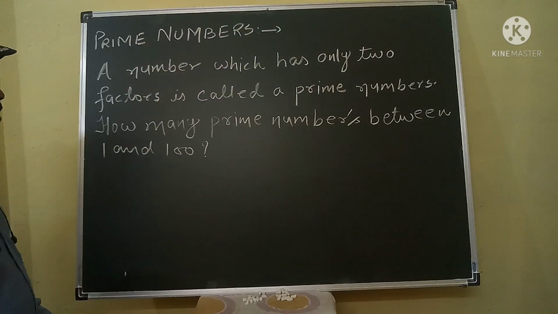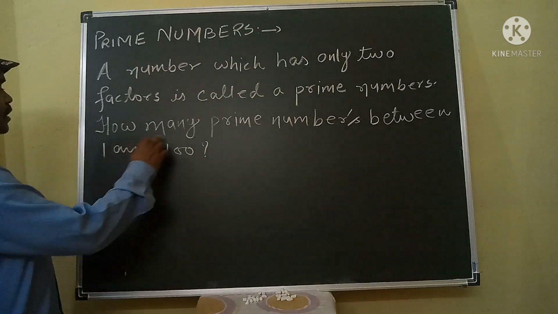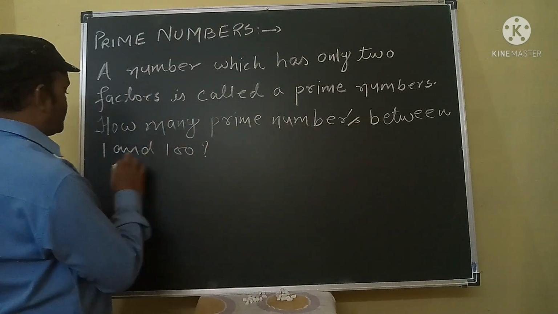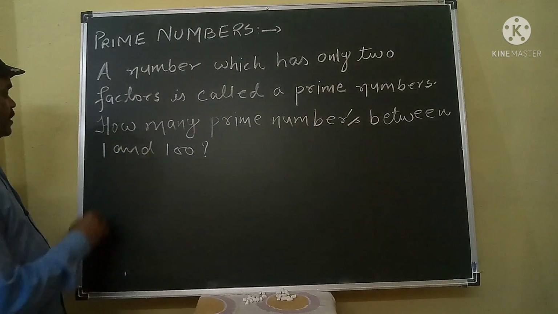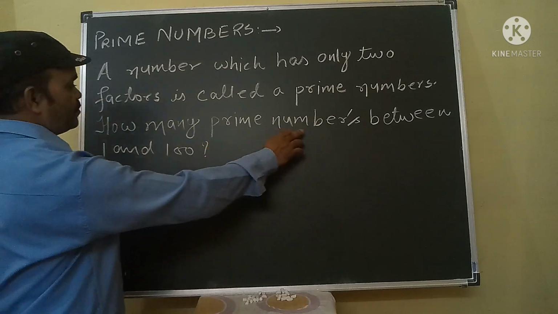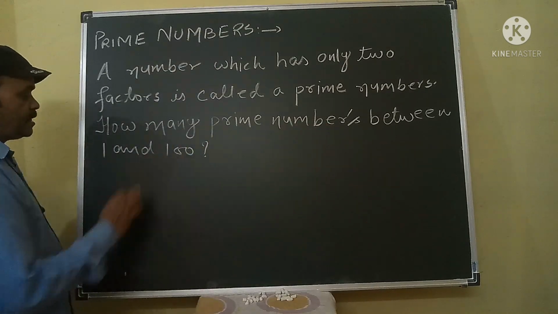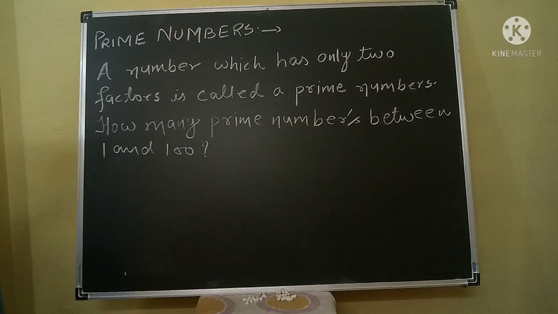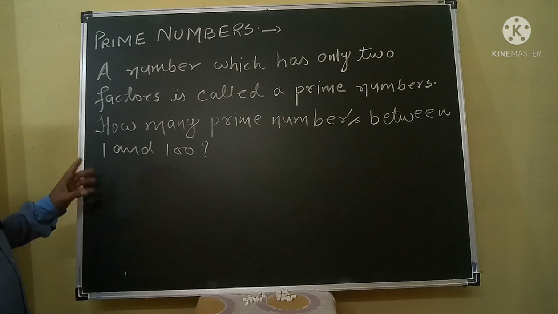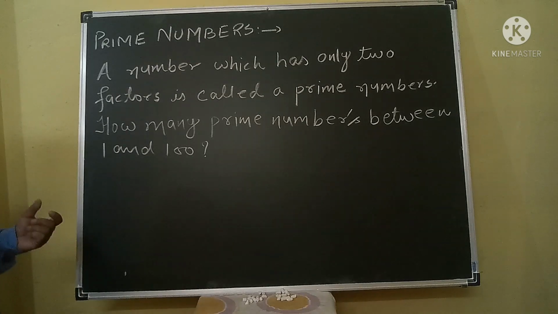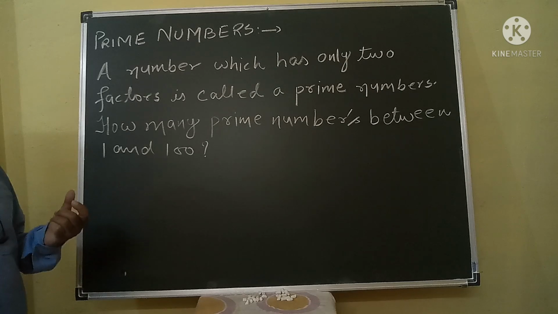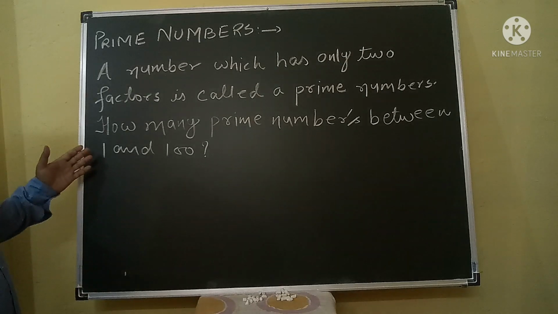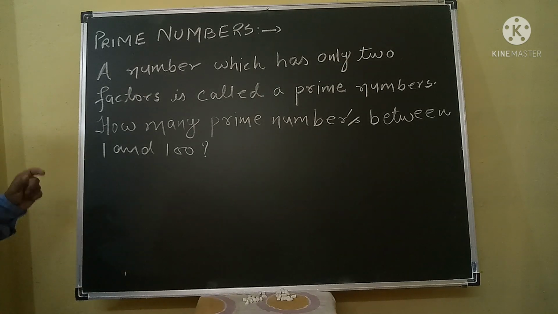Now, we will discuss how many prime numbers there are between 1 and 100. As you know very well, natural numbers start from 1.